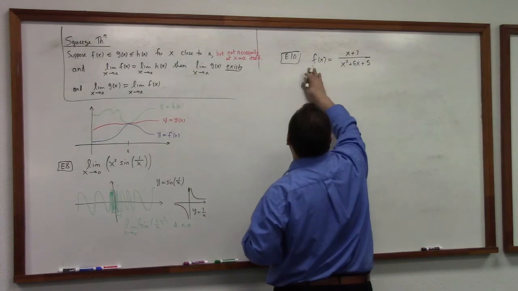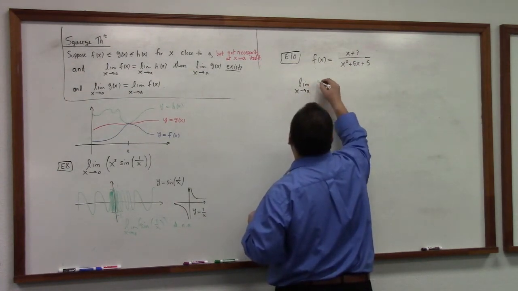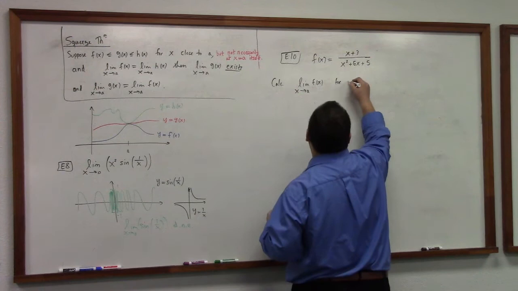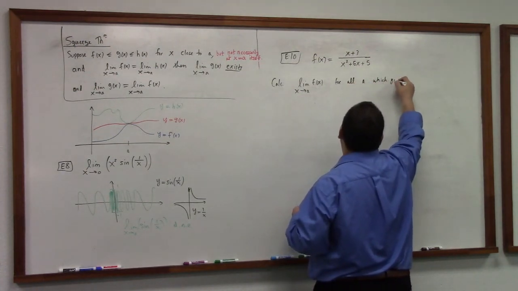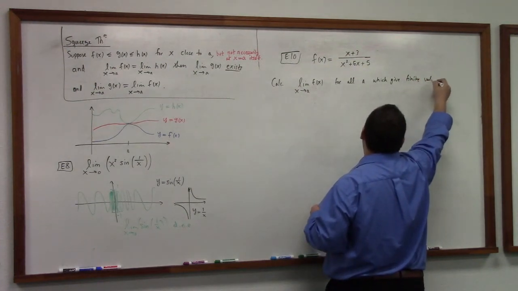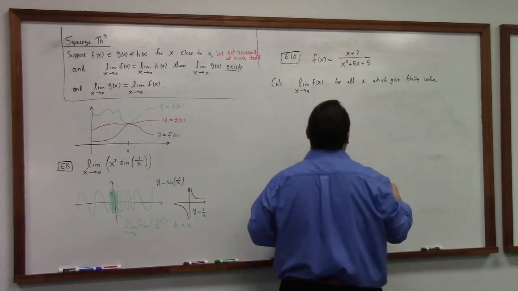And then the question is, calculate the limit as x goes to a of f of x for all a which give a finite value.